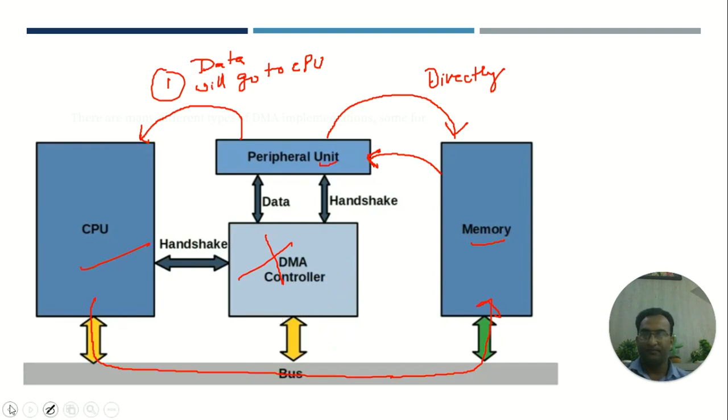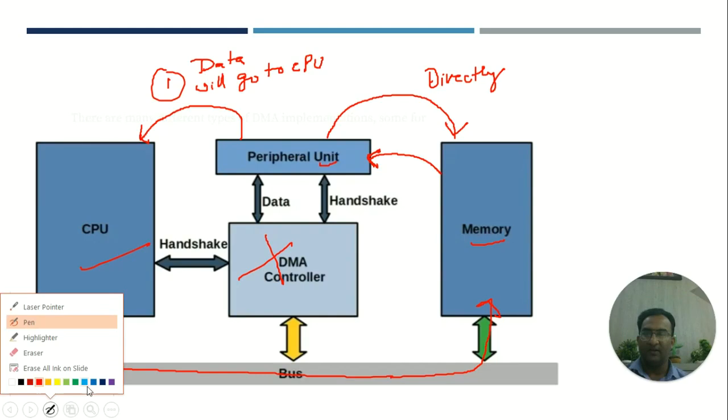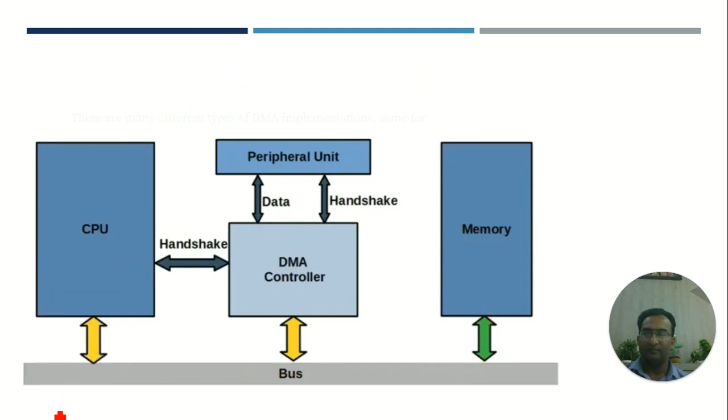Similarly, let us see if there is a transfer from memory to the peripheral unit, how will it be done? First of all, the memory will send its data to the CPU. Then from the CPU, this data will go to the peripheral unit.